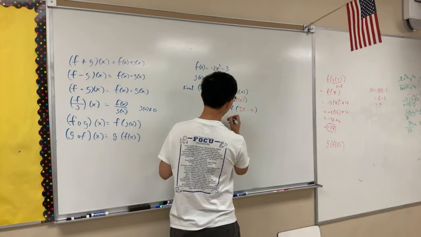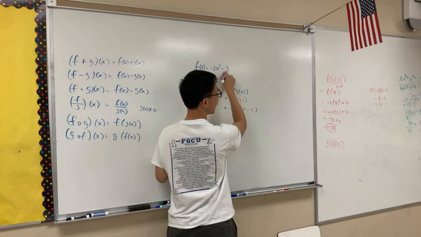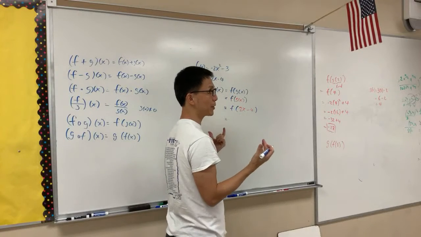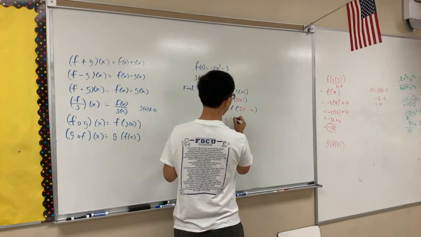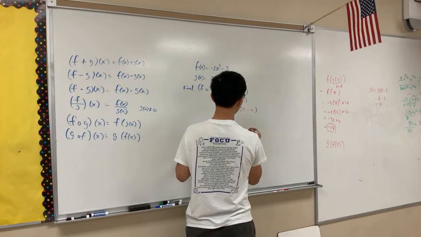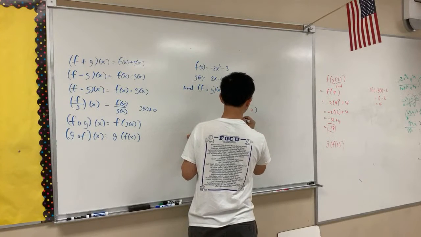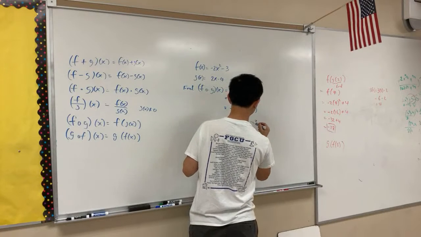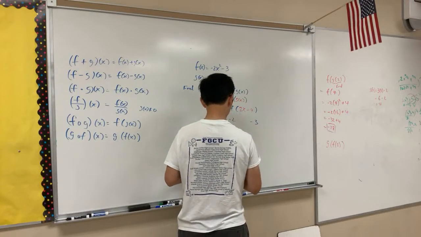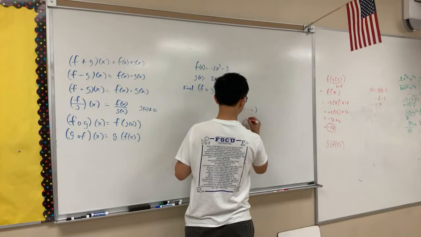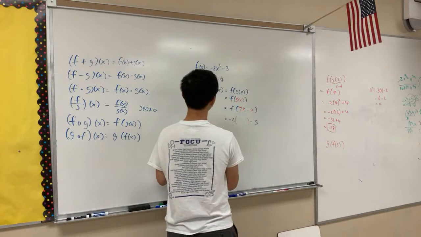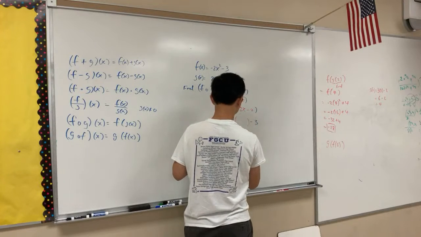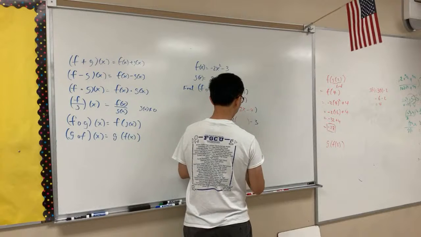So I'm pretending I'm writing down this, but instead of x, I'm gonna put a big parenthesis. So -2, and I'm gonna put a parenthesis here, -3, and then put a big parenthesis right here, and this is a square.